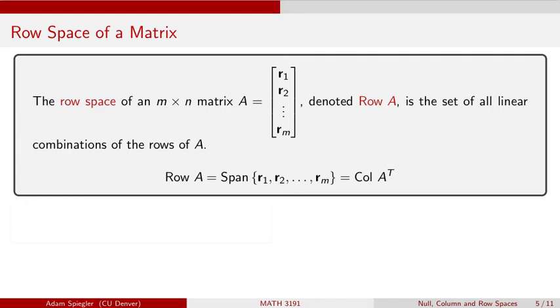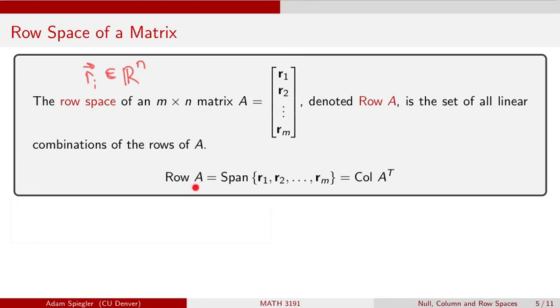So we've talked about the null space of a matrix A, we've talked about what the column space of a matrix is, and similar to a column space, we can define what's called the row space of an m by n matrix A. We would denote this Row A, and this would just be the set of all linear combinations of the rows of matrix A. So matrix A is m by n, so it has m different row vectors, and each of those row vectors would be a vector inside of Rn, which is the number of columns in this matrix.